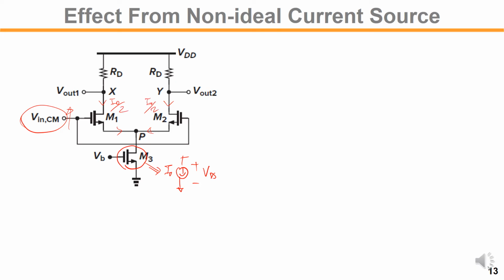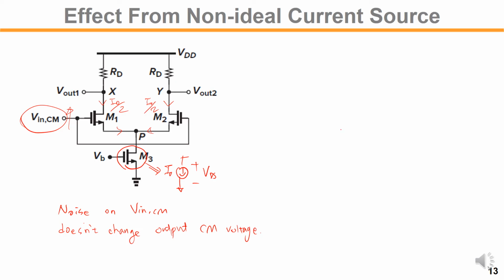Because of the same current source level, the output voltage doesn't change. So for noise in CM, common mode voltage variation doesn't change the output voltage, right?